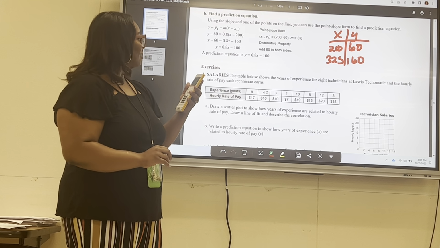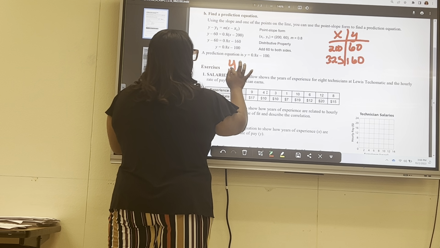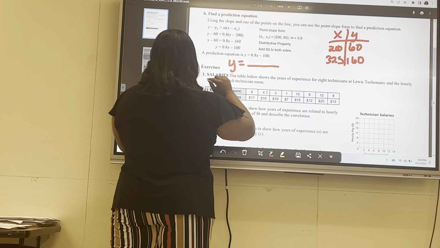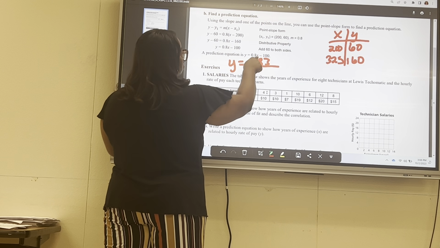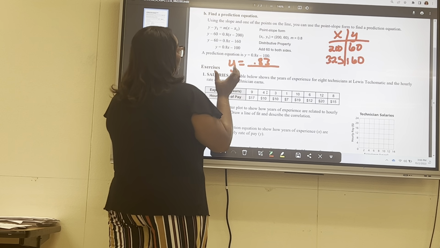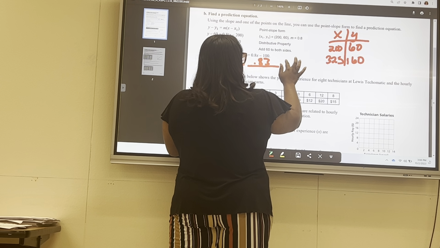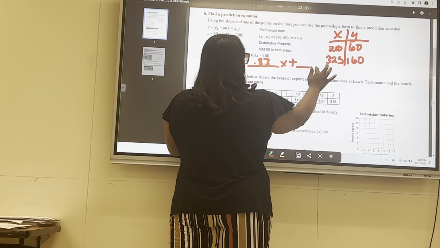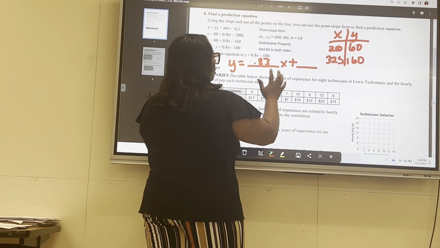My calculator gave me my slope. It said about 0.83. That's pretty close. It's a guesstimate. I'm estimating. All right? X plus my B value. My B value, it said negative 106.